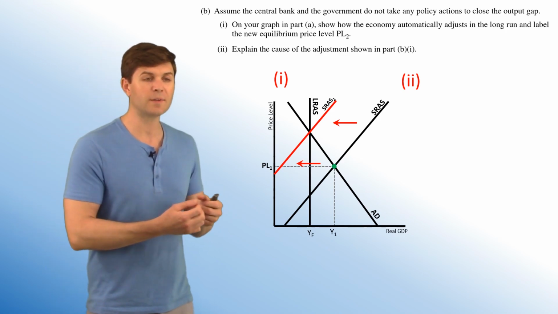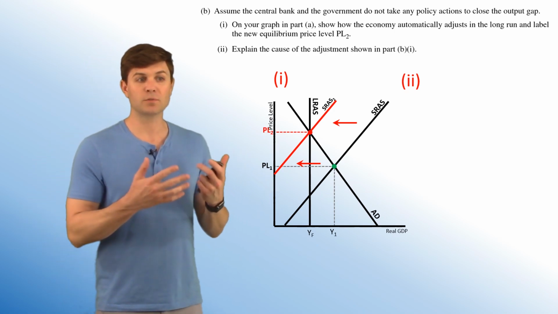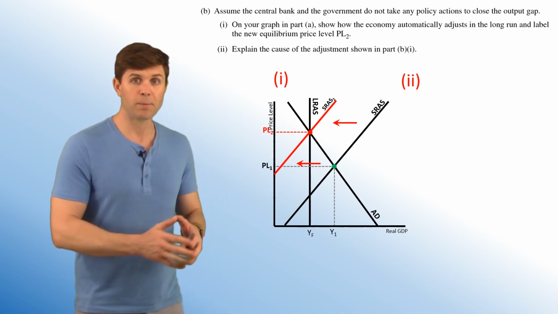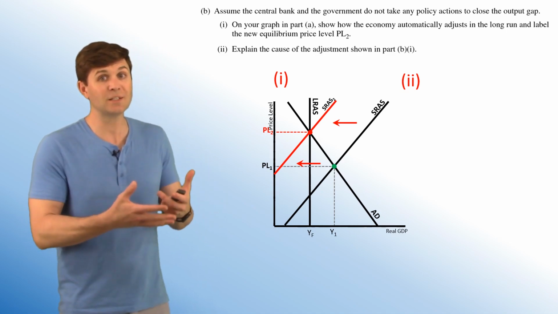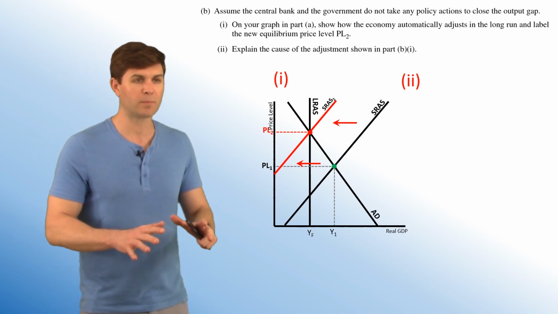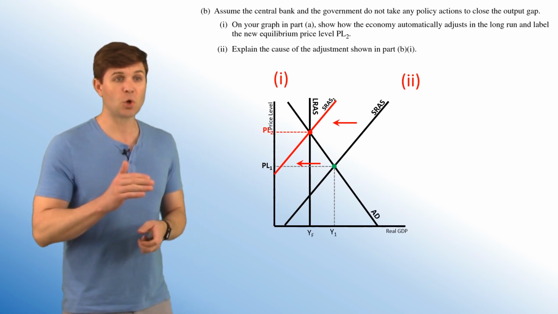Producers start to realize that, and the supply curve starts to shift to the left. This brings the price level up, but it also brings us back to potential GDP, back to full employment. So we're actually going to see an increase in unemployment at this point, getting us back to potential, getting away from that inflationary gap.